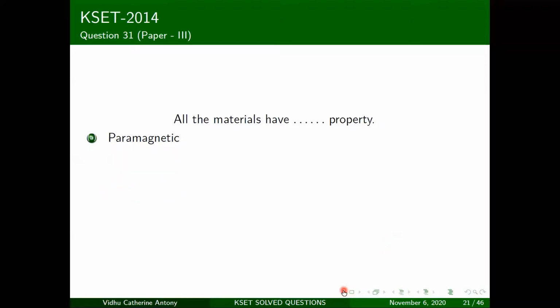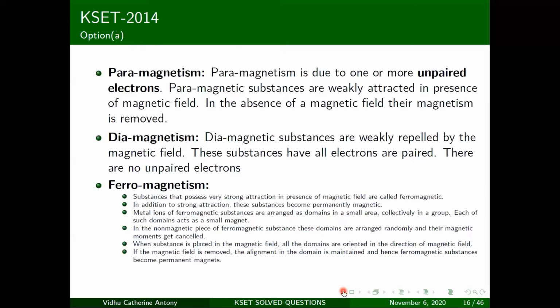So what did we look at when we talked about your diamagnetic material? They are weakly repelled by the magnetic fields. These substances have all paired electrons. So that means you are a diamagnetic material. I am a diamagnetic material. Everything in the world is a diamagnetic material because it has some kind of paired electrons to it.